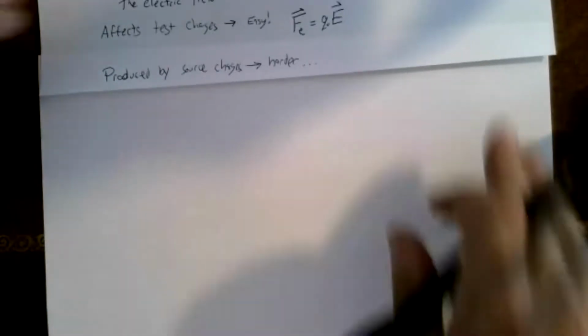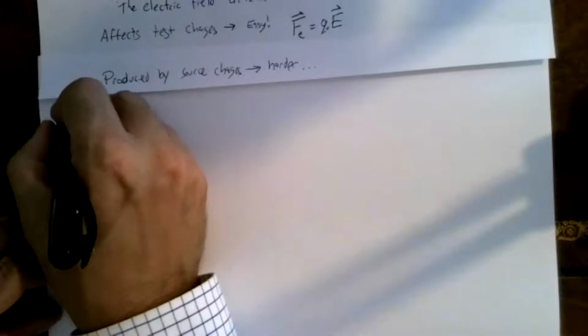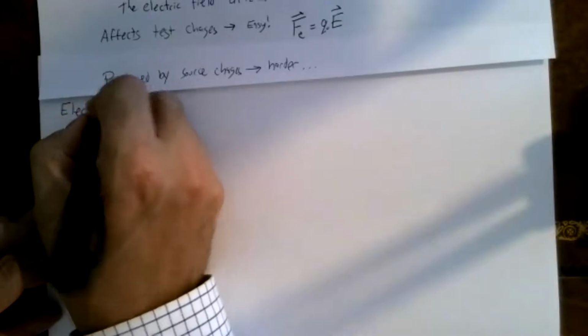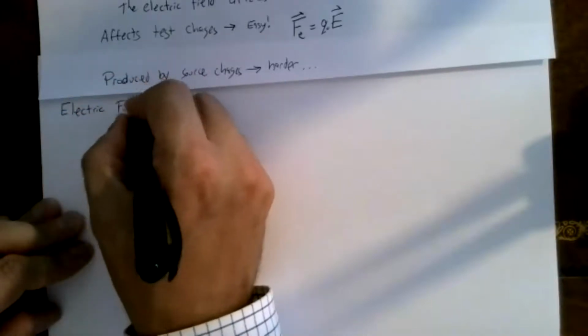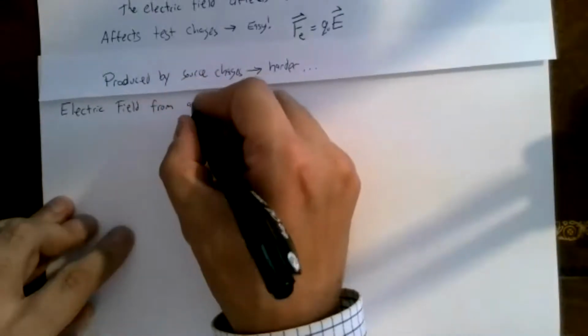All right. So the first thing we want to look at is the electric field from a single point charge Q at the origin.